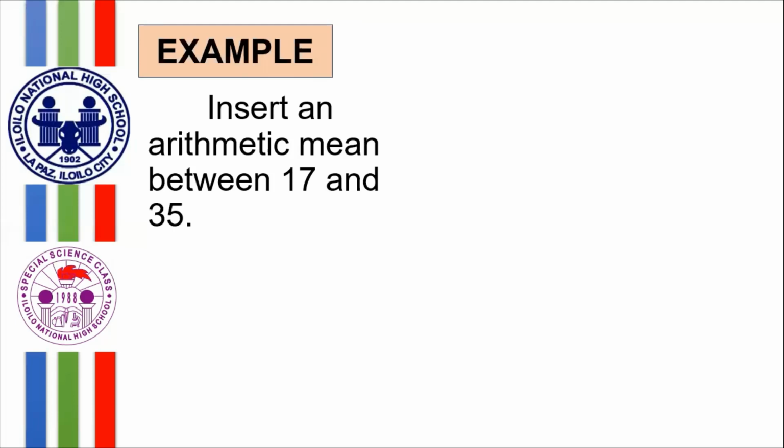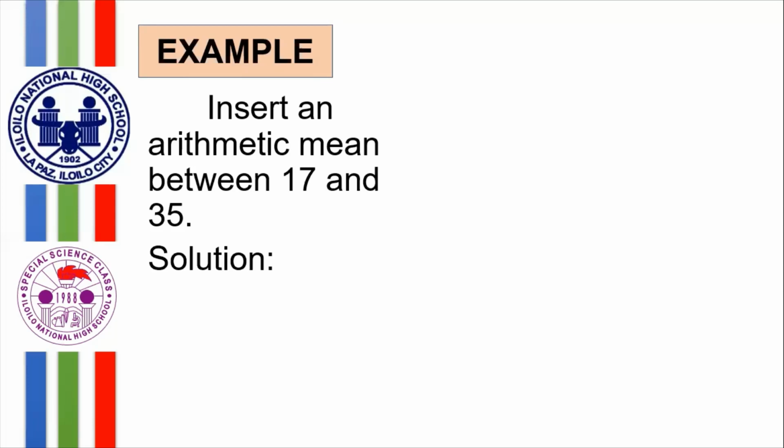So we should place one number between 17 and 35. Note that the first number being mentioned before the word "and" is understood to be the first term, and the number after the word "and" is understood to be the last term, and it should be in order for this case.